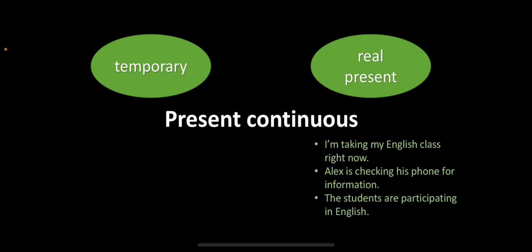So the present continuous indicates an activity that occurs at the moment of speaking. So I say the sentence, and the sentence is happening at this right moment, in this very real present. We can also use the present continuous for future, but let's study that later today.